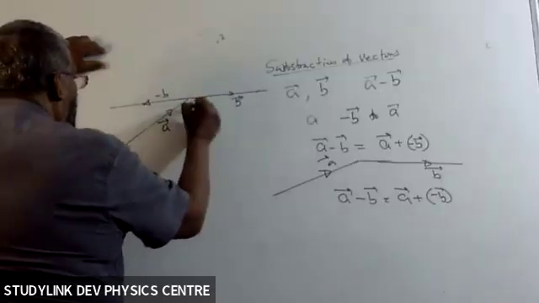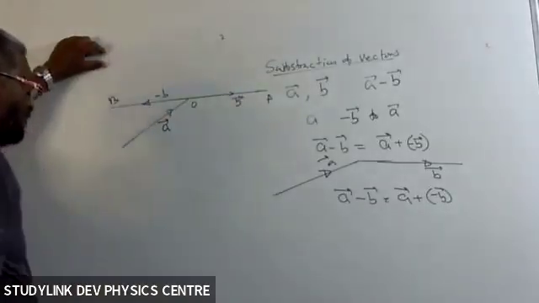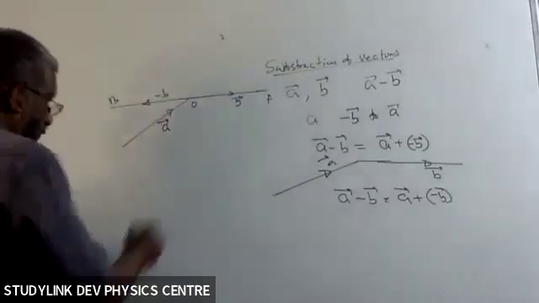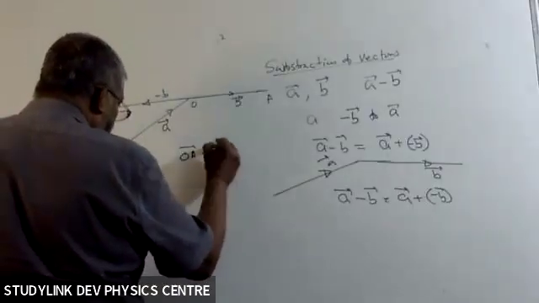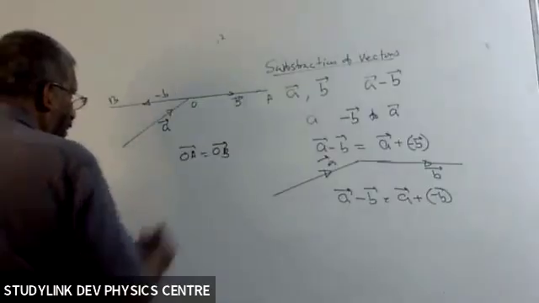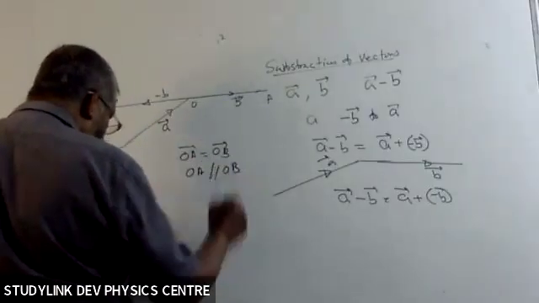Equal and opposite. If you say OA, OB, magnitude of OA is equal to magnitude of OB. OA is parallel to OB, the same line.